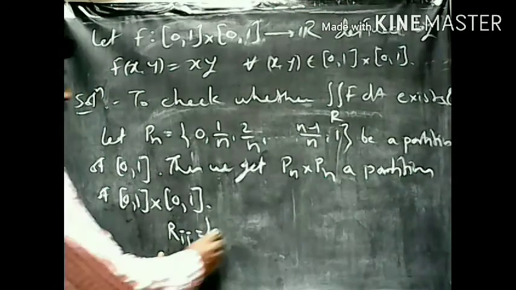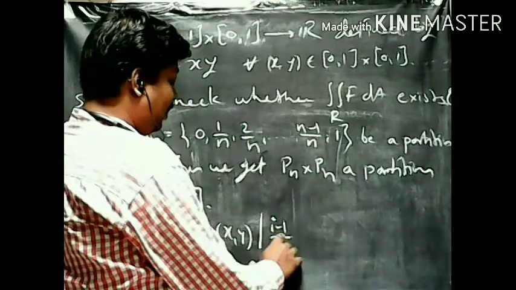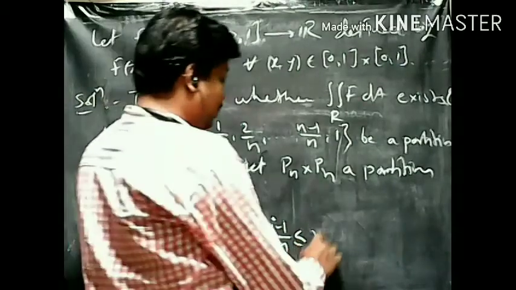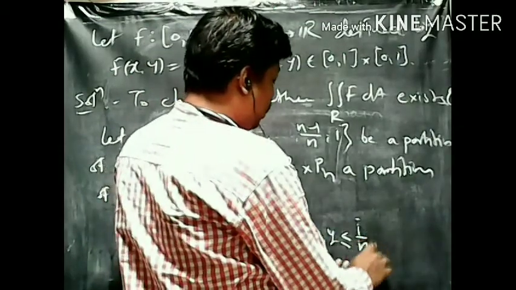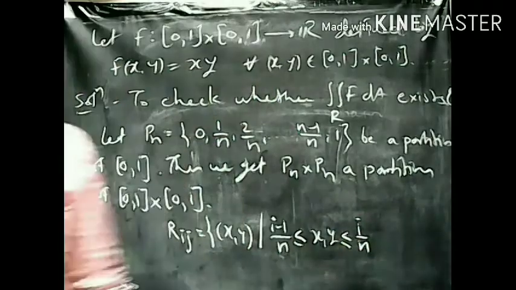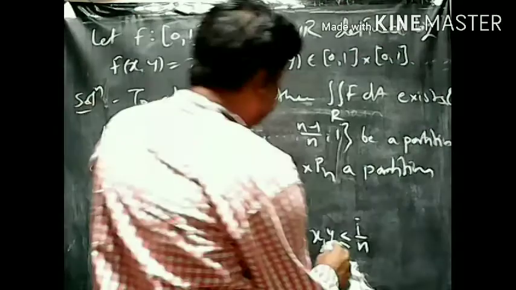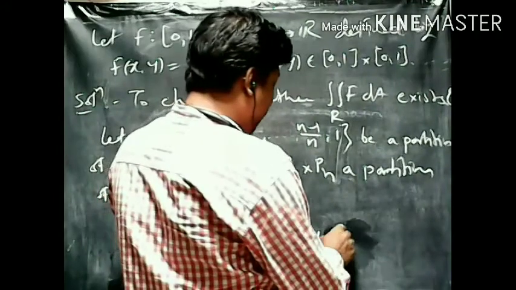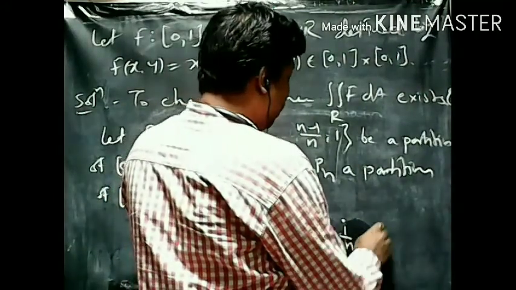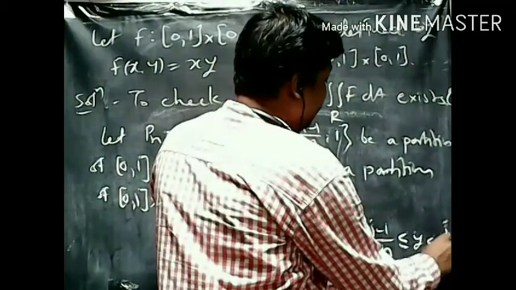It will be the collection of all those ordered pairs (x,y) such that (i-1)/n ≤ x ≤ i/n, and (j-1)/n ≤ y ≤ j/n.